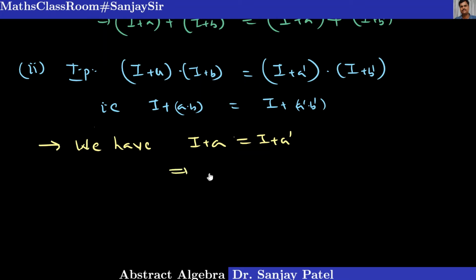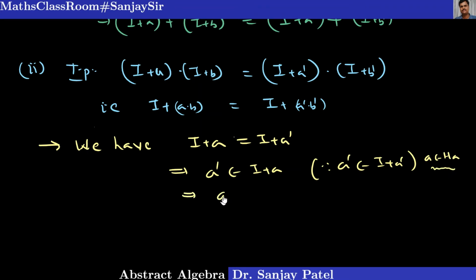So I can write that this implies A' belongs to I + A, because A' always belongs to I + A'. You know that every representative element, or the leader of the coset, belongs to the coset. You know this result: A always belongs to HA. So A' always belongs to I + A. So I'm using this fact. And A' belongs to I + A, I can write A' = X + A, for some X belongs to I. So this is my result number 1.